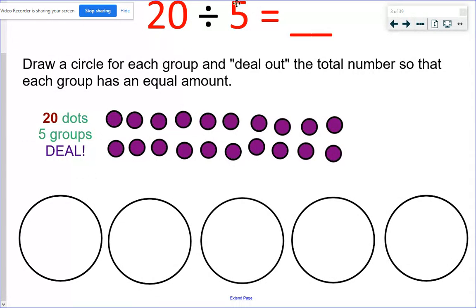A total of 20 is being put into 5 groups. That's why we have the 5 circles.